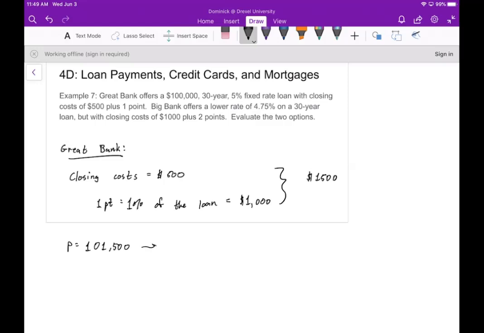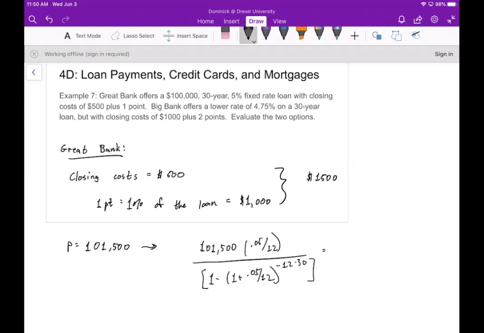Okay, so let's figure out what the monthly payment is for this, right? So we want to do, again, same formula, so 101,500 times R, which in this case is 0.05, over N, so 12. And all of this over 1 minus 1 plus 0.05 over 12 to the minus 12 times 30. So if we do this, let's find out our monthly payment.